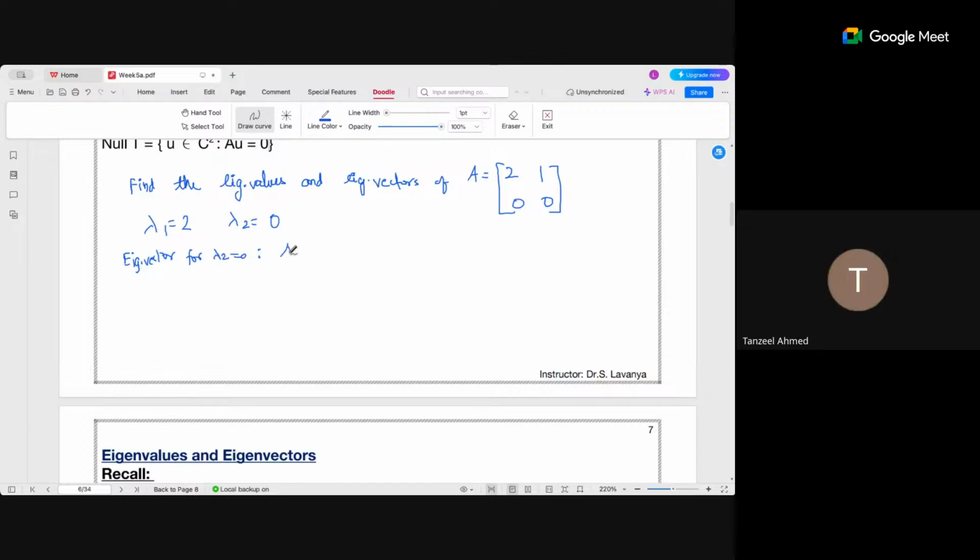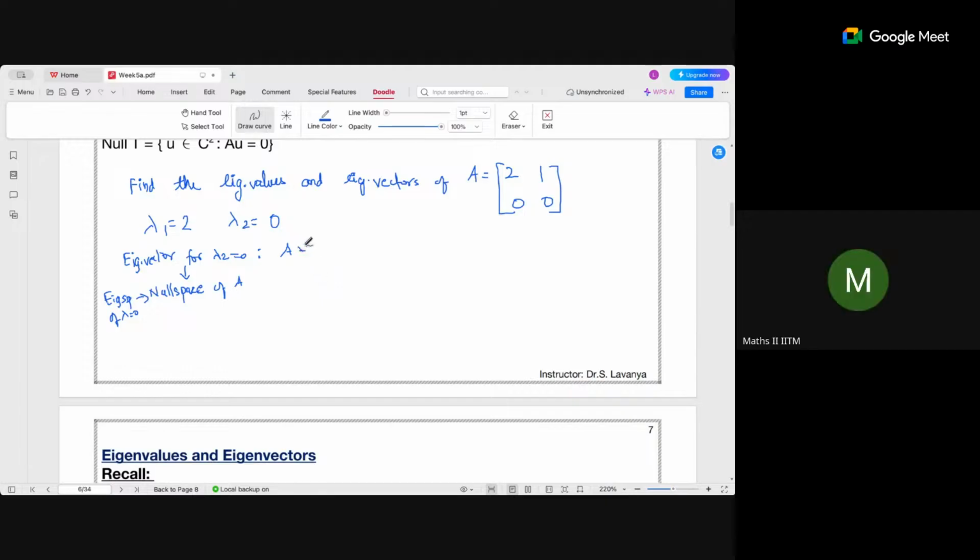That is just the null space of A itself, right? Exactly. So this is a very important observation: it is nothing but the null space of A, because lambda I is just a bunch of zeros, so subtracting it from A doesn't change anything.